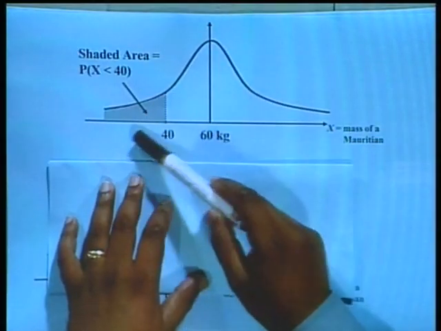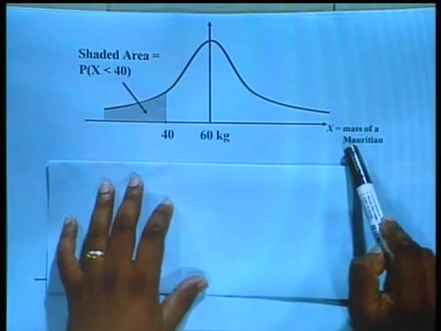We will now see how to use the normal probability distribution and the normal data to find probability. Suppose that we wanted to know what is the chance or the probability that if we choose a Mauritian at random, the mass would be less than 40 kilograms. Now, this is the normal probability distribution of the mass of a Mauritian.